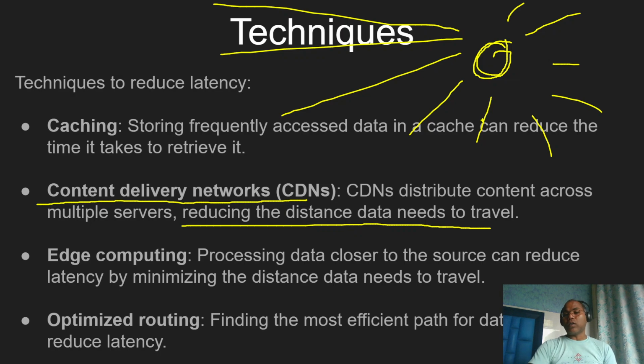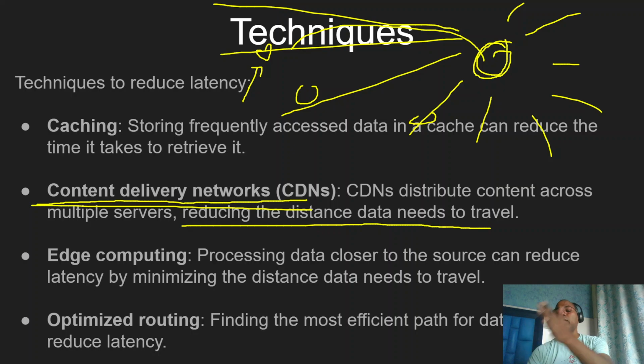So why not, across different geographical locations, make a duplicate copy of my content so that customers can get the nearest content? So we can also use the CDN to reduce the travel time between the users and your server.